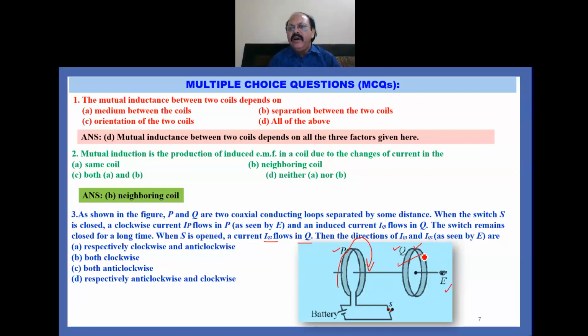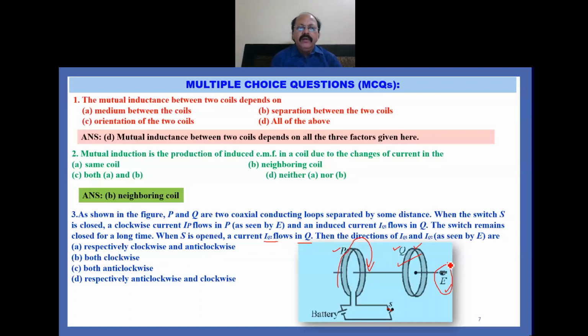Then the direction of IQ1 and IQ2 as seen by E, means this is the observer who is observing. First option is respectively clockwise and anti-clockwise.